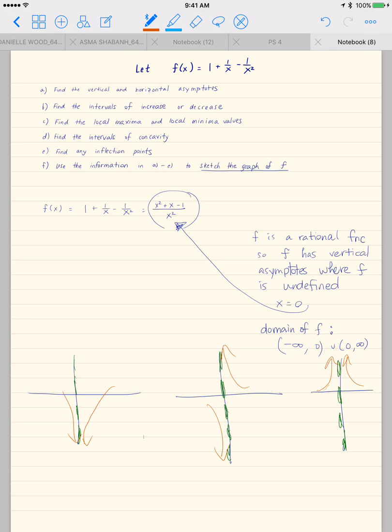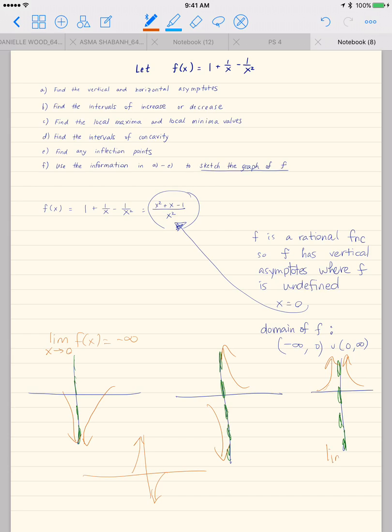I also could have it where my function is like this. So each of these corresponds to a different case. This one here is the limit as x approaches 0 of f of x equals negative infinity.